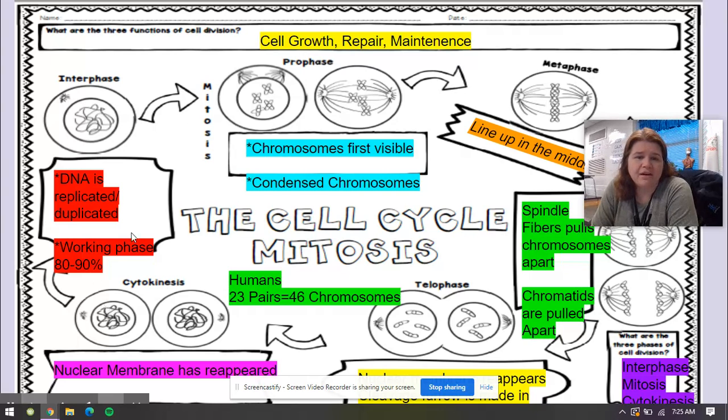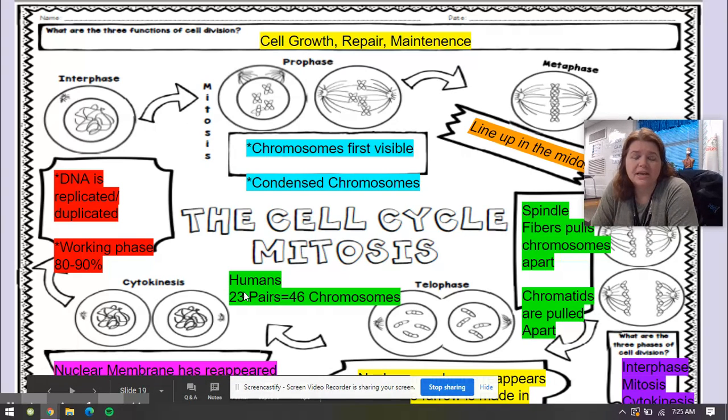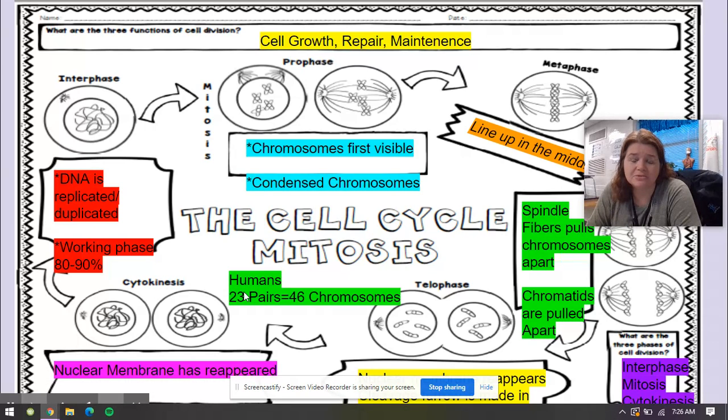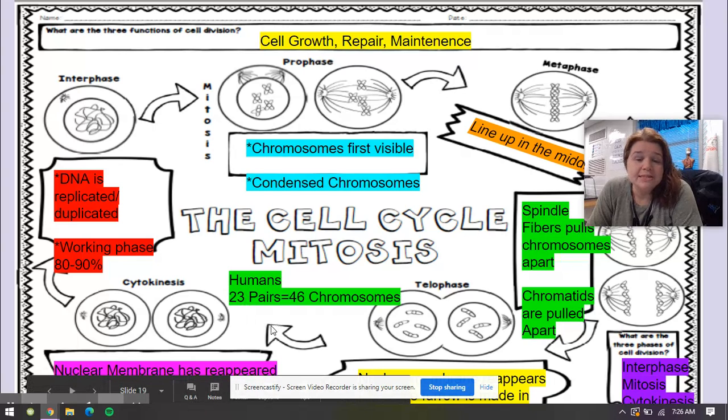So make sure you have all the notes down on this page. In humans, we have 23 pairs of chromosomes, 46 chromosomes. It's different in every species, but in humans, we have 46 chromosomes. You need to know that for our quiz tomorrow.